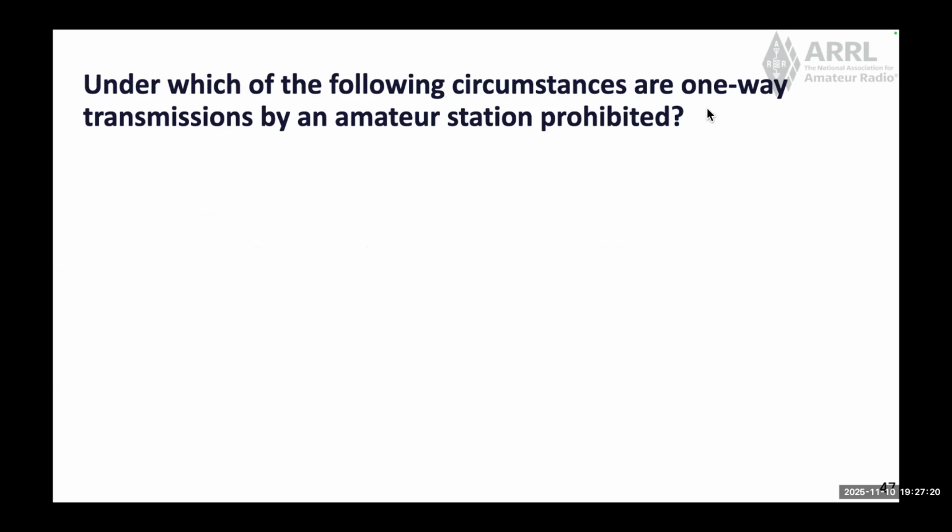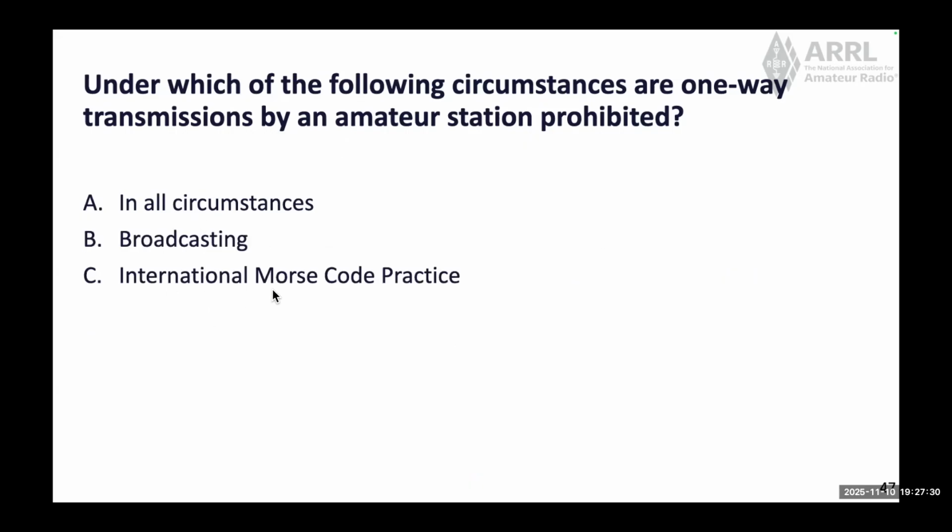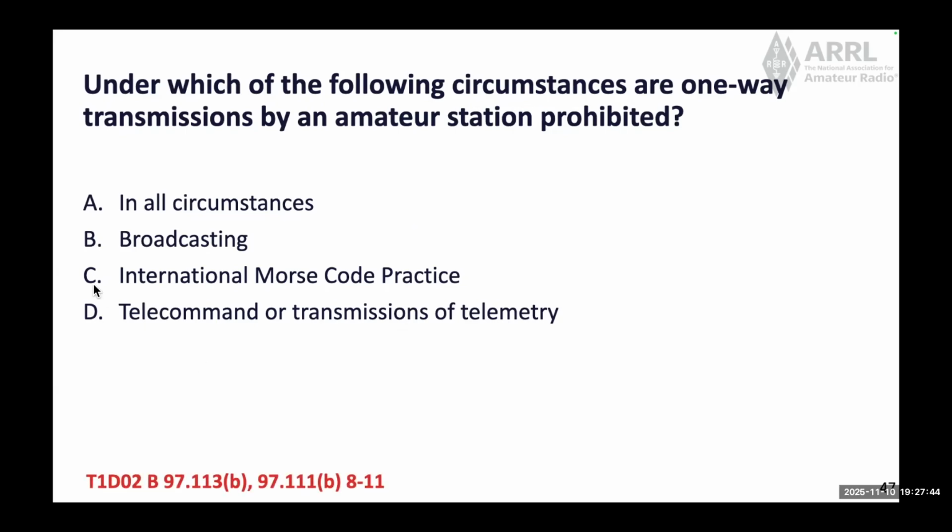Under which of the following circumstances are one-way transmissions by an amateur station prohibited? In all circumstances, when you're broadcasting, international Morse code practice, telecommand, or transmissions of telemetry. The answer is going to be B. You're not allowed to broadcast.